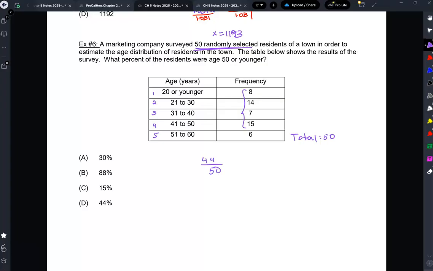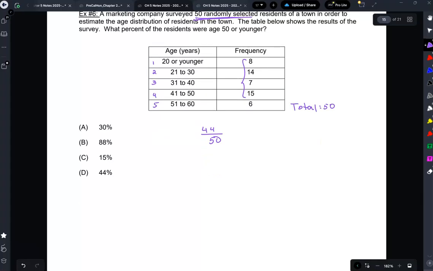Where did you get the 44 from? Well, because there are 50 people total and then we counted everything except for the 6. Or you could just add them. Why did you not count the 6? Well, because we want them to be age 50 or younger.